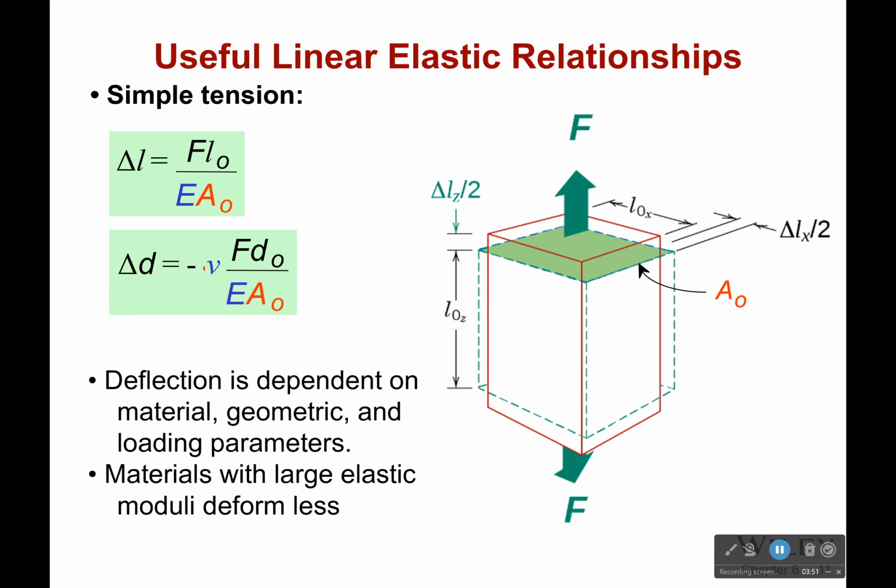Okay, now what do they show us? Well, they show us that our deflection or deformation is dependent on material, geometric, and the loading parameters. All three are important. Also, we learned that materials with large elastic moduli deform less. That's always something that confuses people. You might think, if I have a large modulus of elasticity, I'm going to be very elastic because it's very large elasticity.